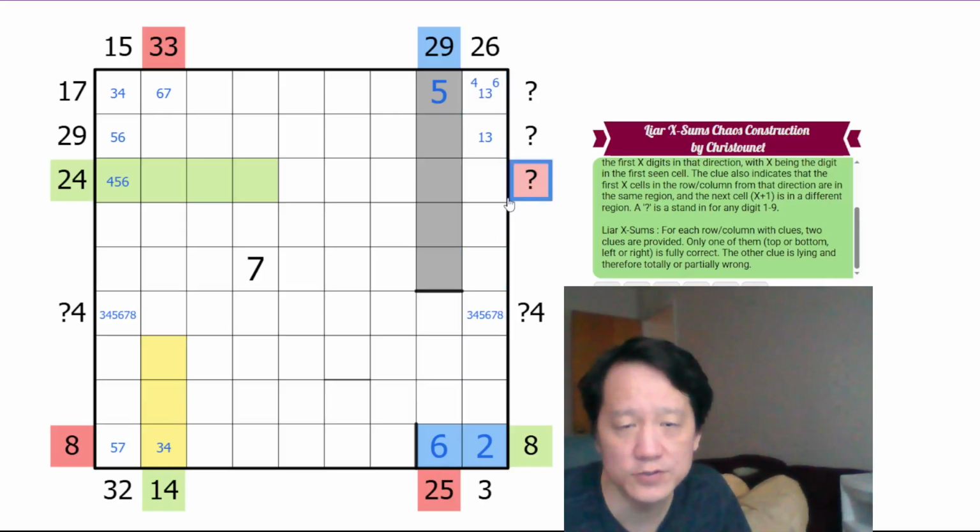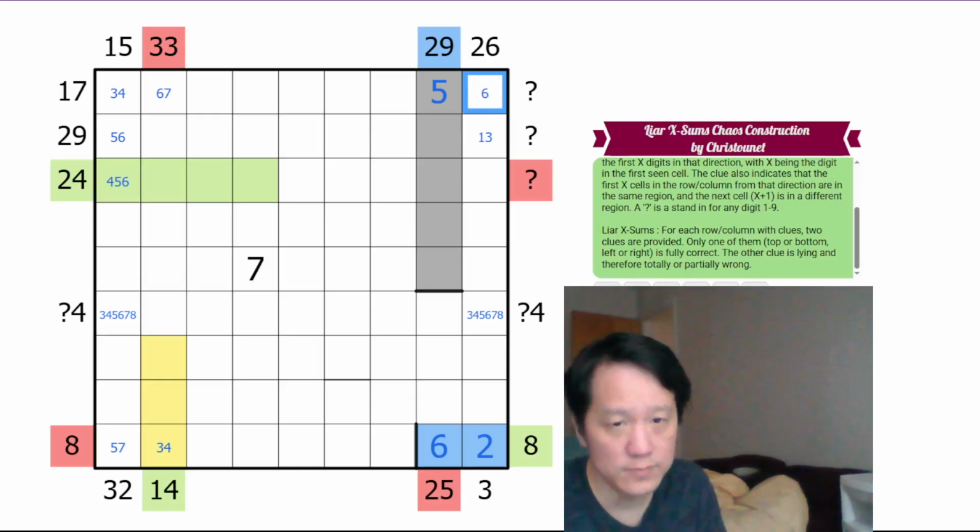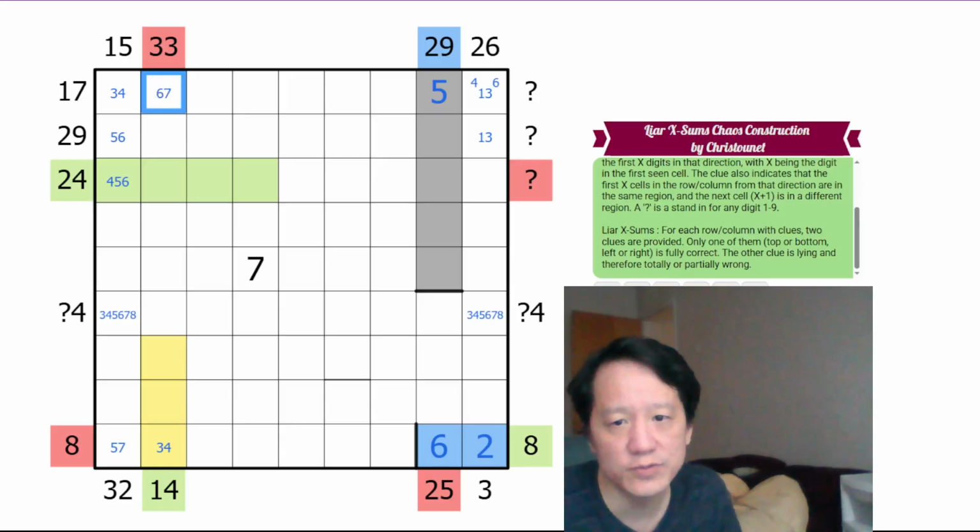So this is false. One of these has to be true. So it's either 1 or it's 3 something. So if this is true, then it's 6. Okay, so we know this is false, so we don't have to worry about that.